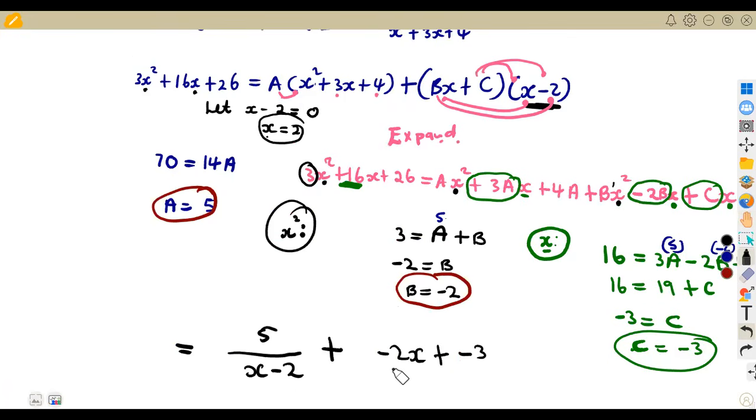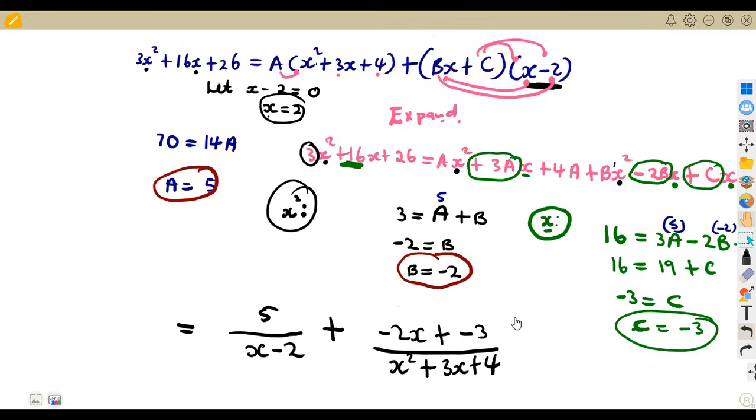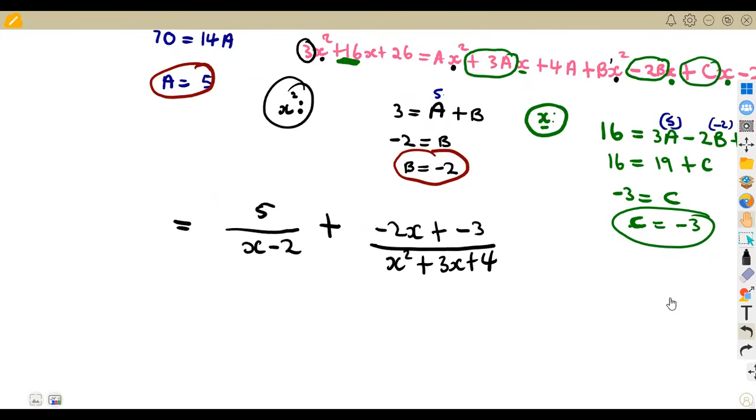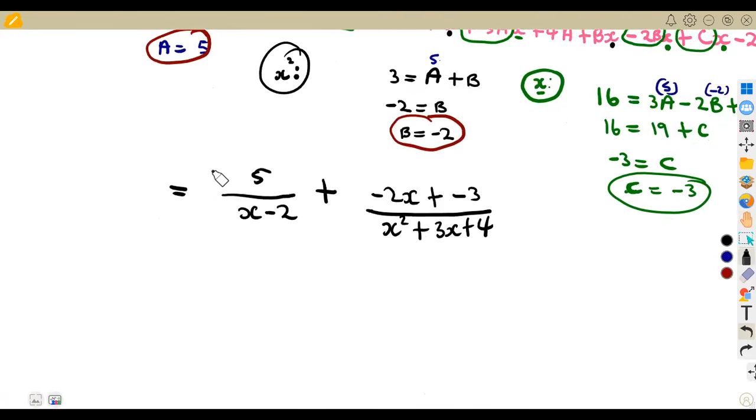So this whole thing is over x squared plus 3x plus 4, like this. So this is what you are supposed to actually have after substituting your a, your b, and your c. But this is supposed to be what? Integrated with respect to x. So that's it.